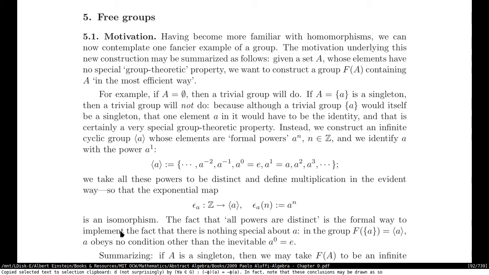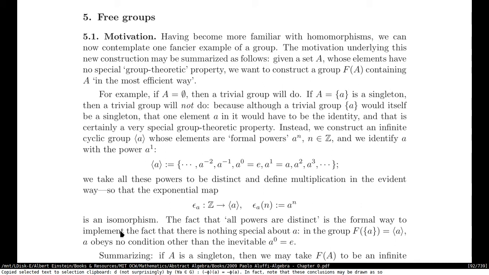So F of A, from the singleton, you're not going to get the trivial group, because the trivial group must contain just the identity, right? And if you have the identity in the set A, that would already mean that you have some kind of group theoretic structure to it, which we said we don't really have on A.